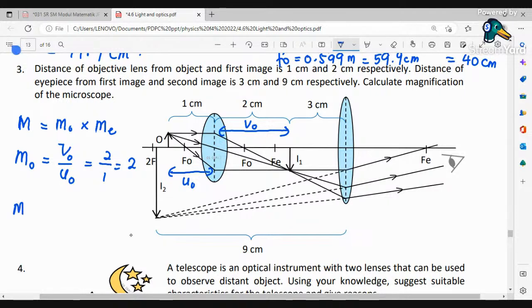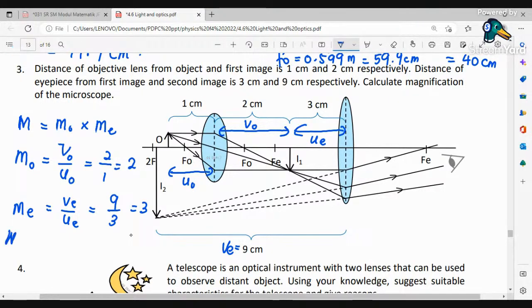Okay, let's try to calculate for E, eyepiece. For eyepiece, this is the object distance, UE. And then the image form here, this is VE, 9. Okay, so you get VE over UE, you get is 9 over 3, which is 3.